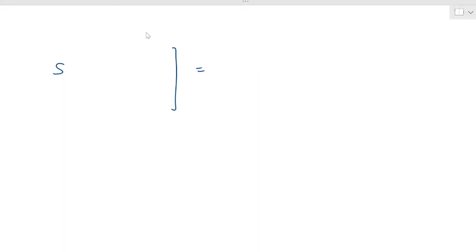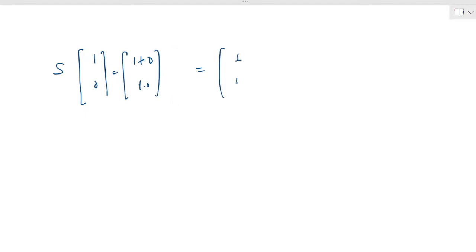So I know that this is not a linear transformation, so I'm going to negate it. I'll take two special cases. If it is a linear transformation, then it should preserve vector addition, right? So S of (1, 0) would be equal to what? It will be (1 plus 0, 1 into 0), so it should be equal to (1, 0).